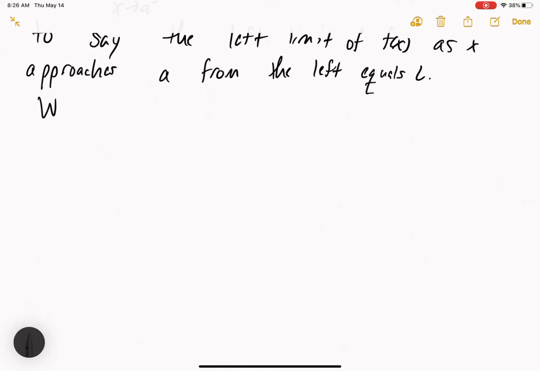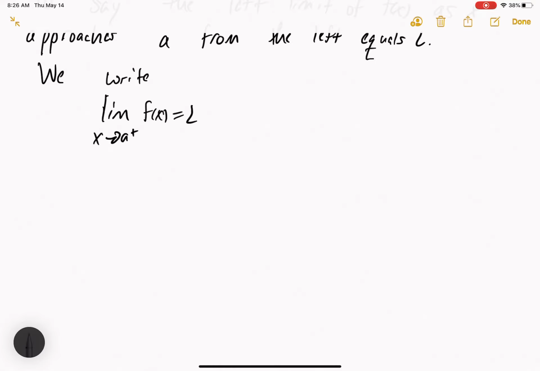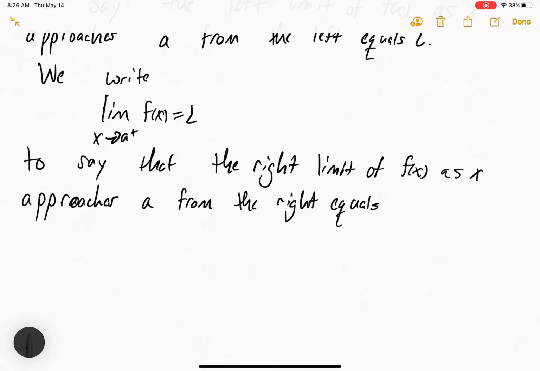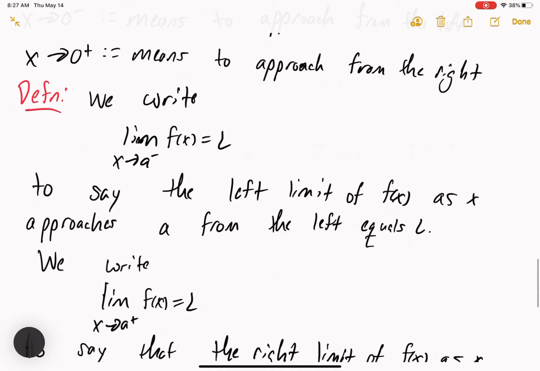Likewise, with the left one, we write the limit as x goes to a plus of f of x is equal to L, similar to what we just said, to say that the right limit of f of x as x approaches a from the right equals L. So basically it's the same thing as above, but now we're saying the different direction.